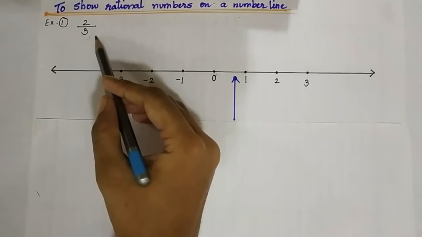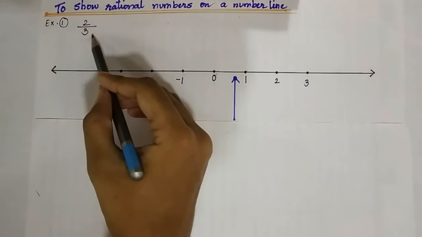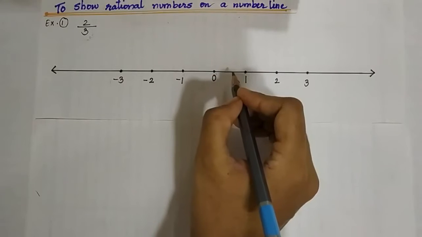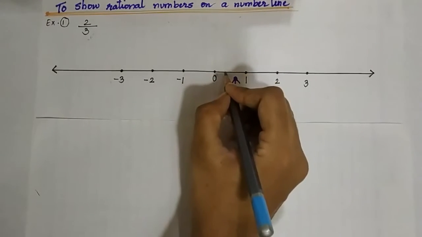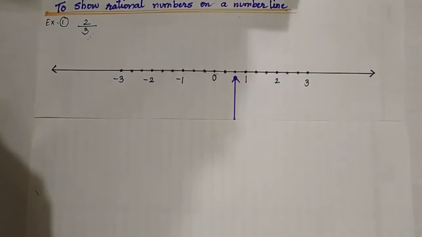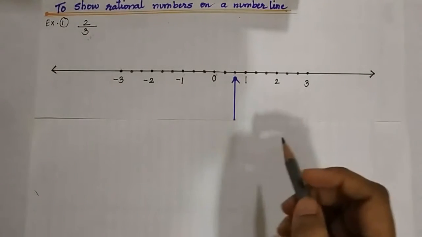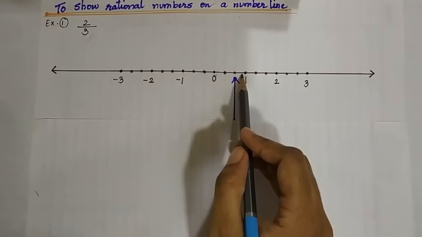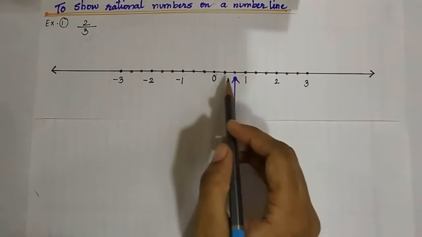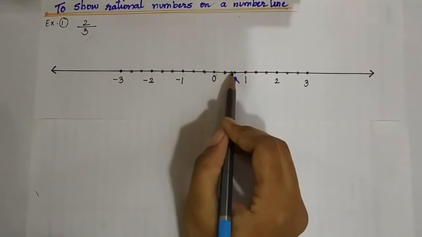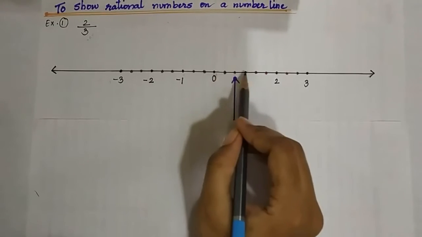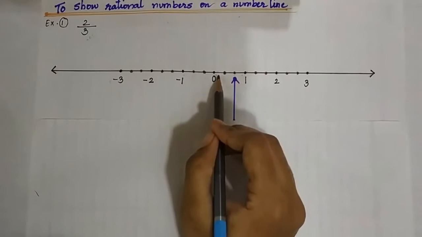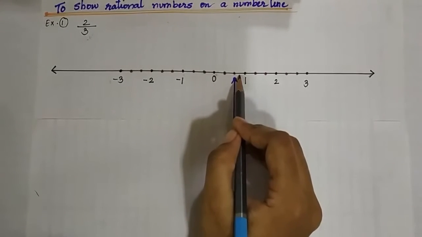So in this case, the denominator is 3, so each unit will be divided into 3 equal parts. You can see here that I have divided each unit into 3 equal parts. When I say 3 equal parts, it means 2 points will come in between the two numbers.